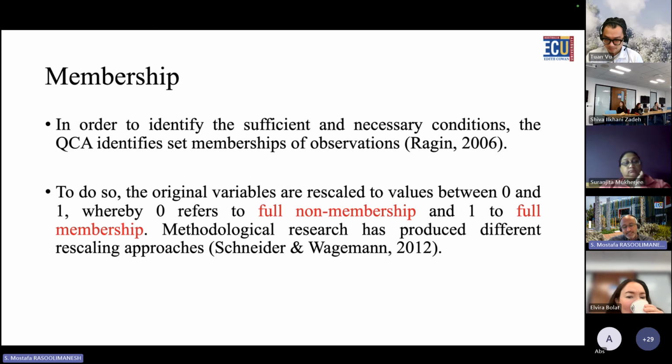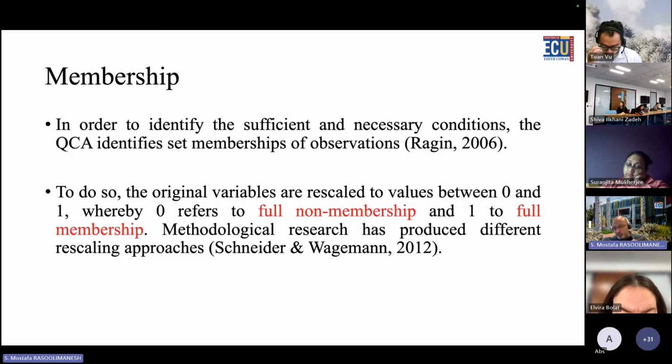For example, satisfaction. If we measure satisfaction based on a few items using a 5-point Likert scale, we need to identify what values can be considered dissatisfaction and what values can be considered full satisfaction. So this should be identified based on theory.